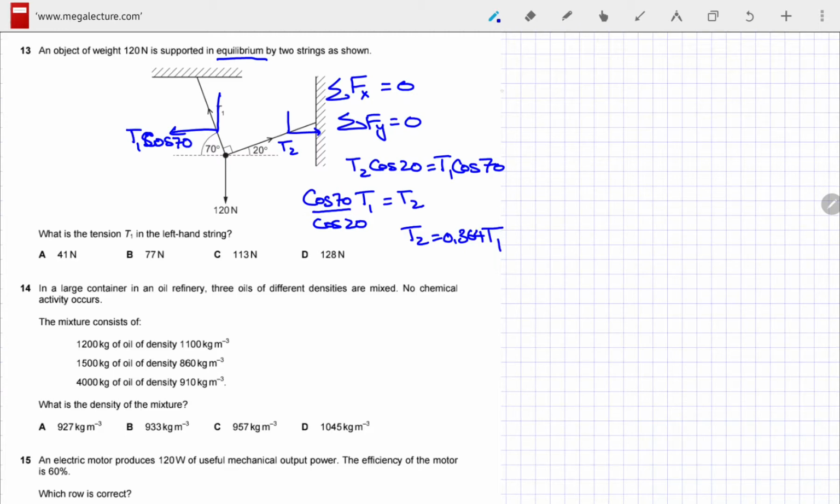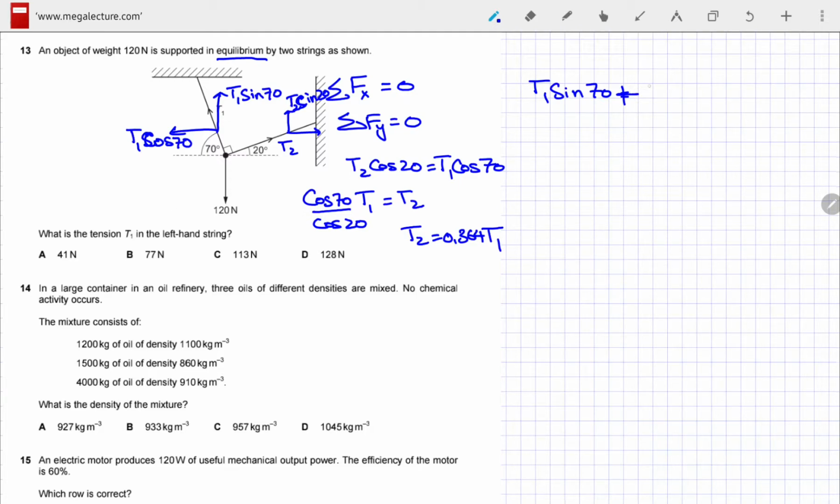Next, I can use the force balance in y direction. I would have T1 sine 70, because this is the vertical component, and T2 sine 20, the vertical component for T2. But you cannot really just equate these two, because both of these components are in upward direction, and then you have one in the downward direction. So I'll add these two and they would be equal to the downward component.